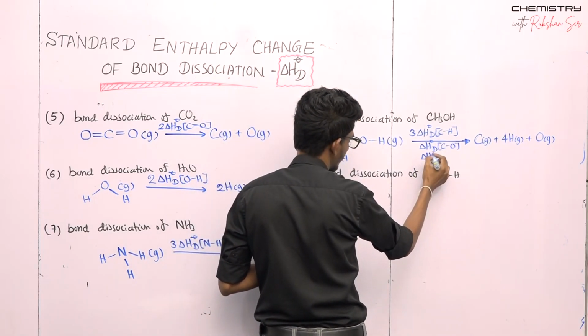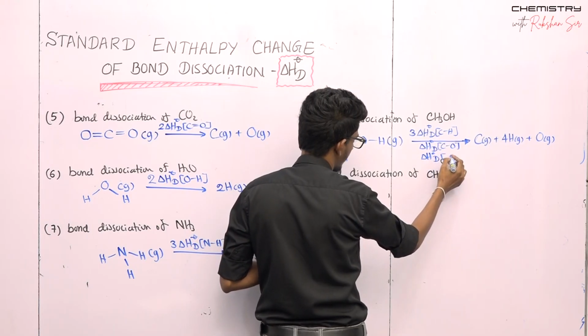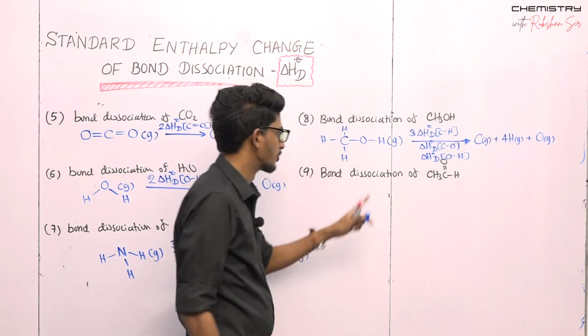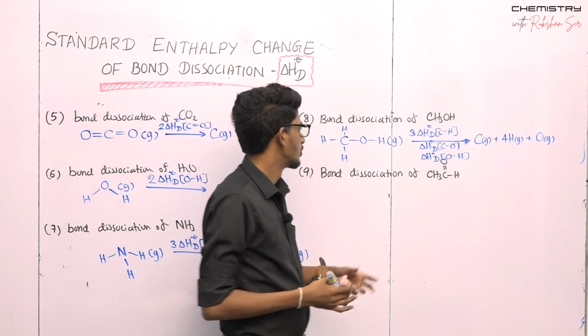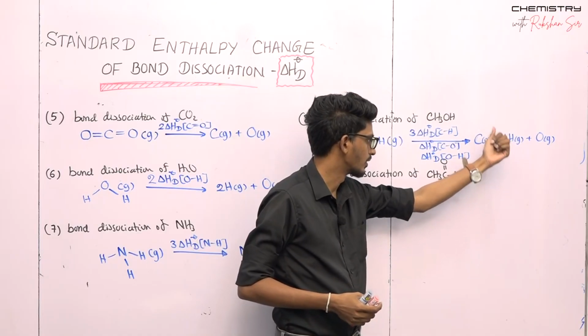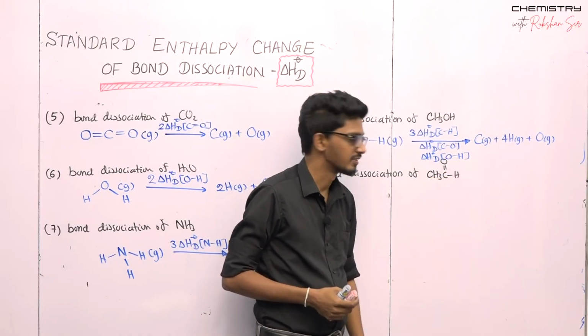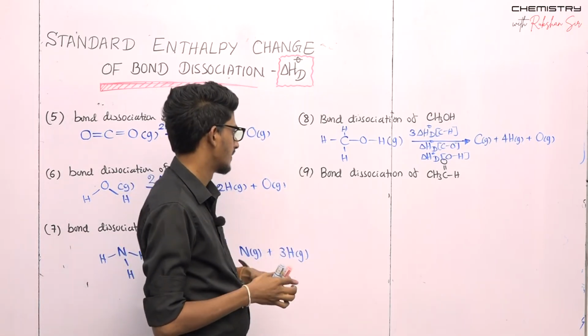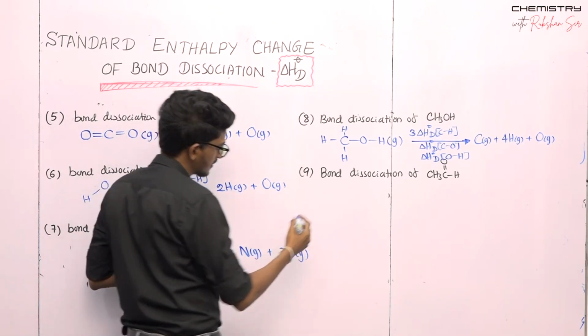So delta H naught D of the OH bond. That enthalpy change should be applied to break all the bonds to come up with 1 carbon atom, 4 gaseous hydrogen atoms, and 1 gaseous oxygen atom, right? Okay. So for this one, first of all, let's come up with the structure, right?